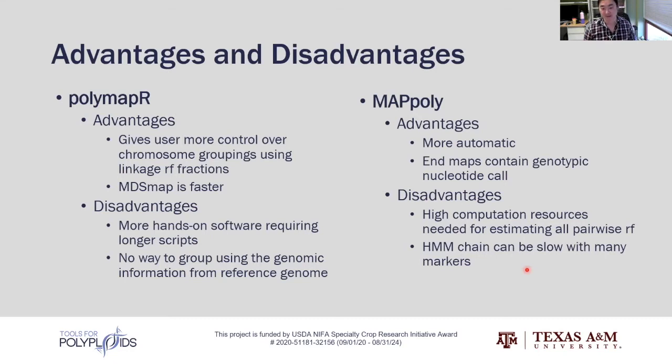But in Map Poly, if I use very similar filtering steps, the HMM chain can take up to 1 or 2 days to finish, depending on how many markers are on each chromosome. But I'm sure that will be improved, and there will be faster ordering in the future.